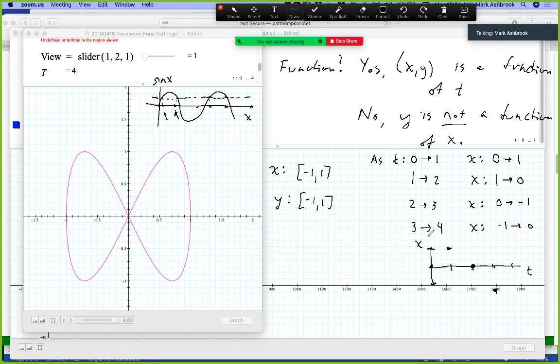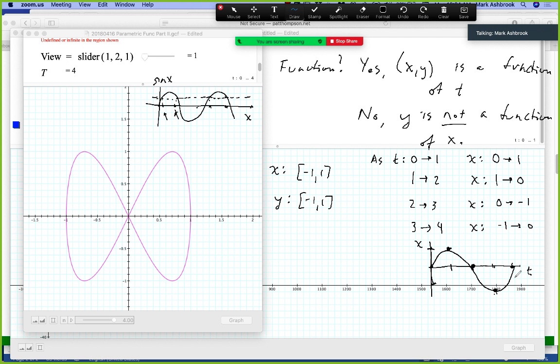And as t went from 3 to 4, x went from -1 back to 0. So I'm putting x on the vertical axis here. Anybody recognize that? Is it sine? Yeah, it looks like it could be sine, right? It's not a proof, but it sure looks like it could be sine.